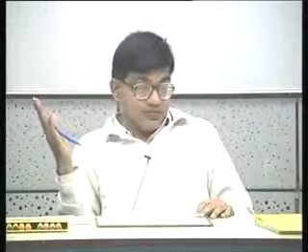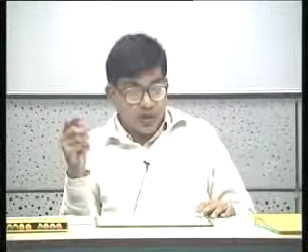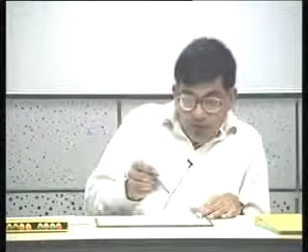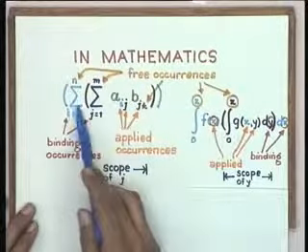What is the definition of a binding occurrence? It's just the first introduction which somehow gives it a meaning, but meaning is not part of the syntax. So for example, what is the meaning of this sigma?